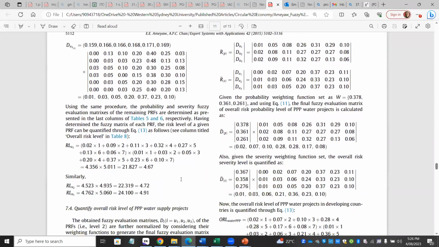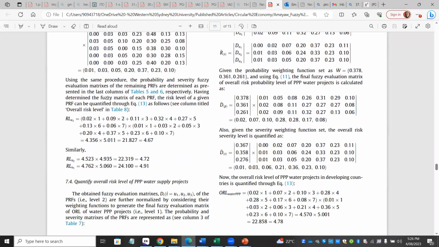Okay, so what is the next thing to do? So using the same procedure, probability and severity fuzzy evaluation matrices of the remaining groups, principal risk factors are determined as presented in the last column.